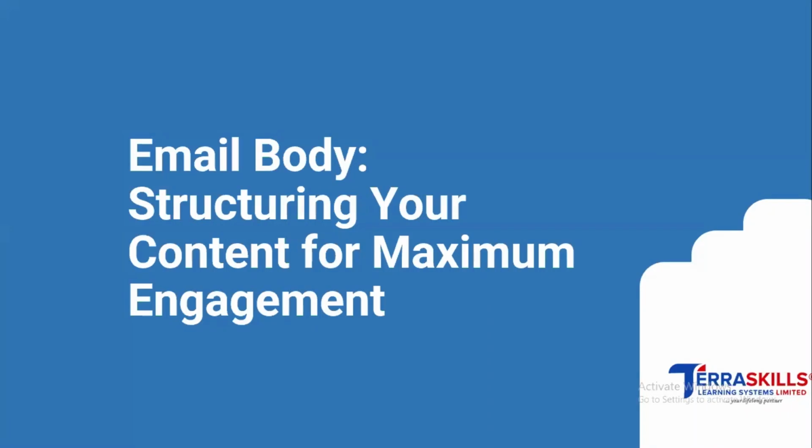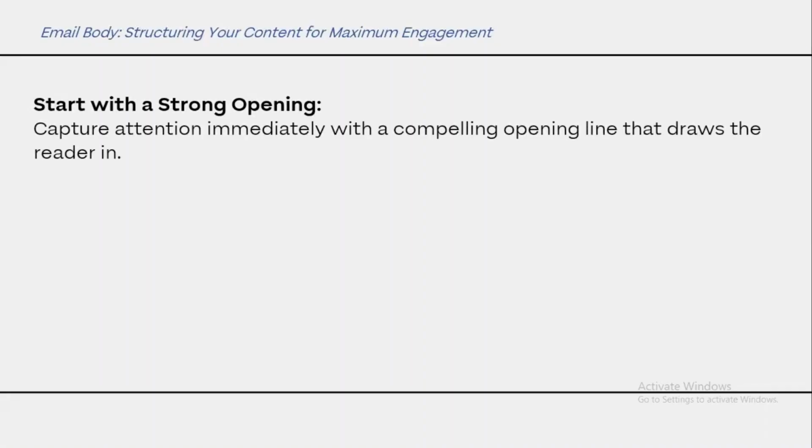Let's go to the email body. How do we structure our email body to maximize engagement? So we'll start with a strong opening, right? By capturing attention immediately with a compelling opening line that draws readers in.